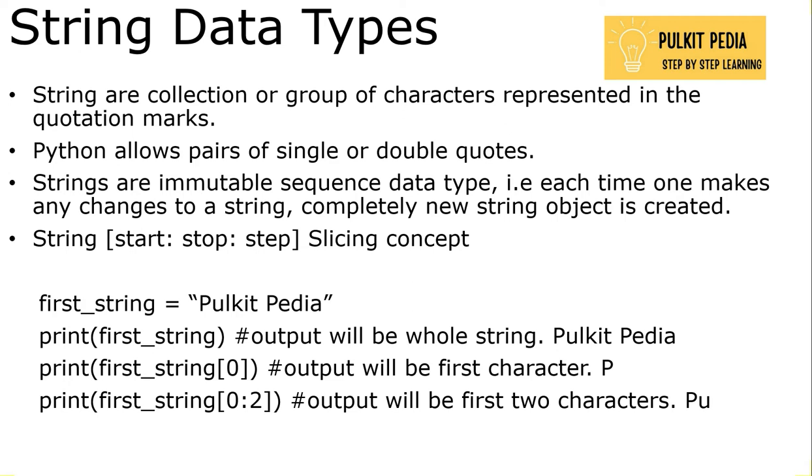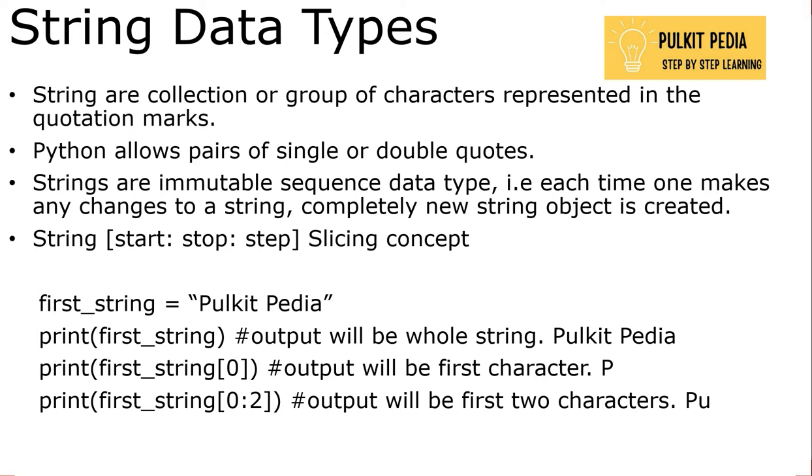You have to give the initial position, like 0. In general life or mathematics, we count from 1, like 1 2 3 4 5. But in computers we start from 0, so the initial position is 0.